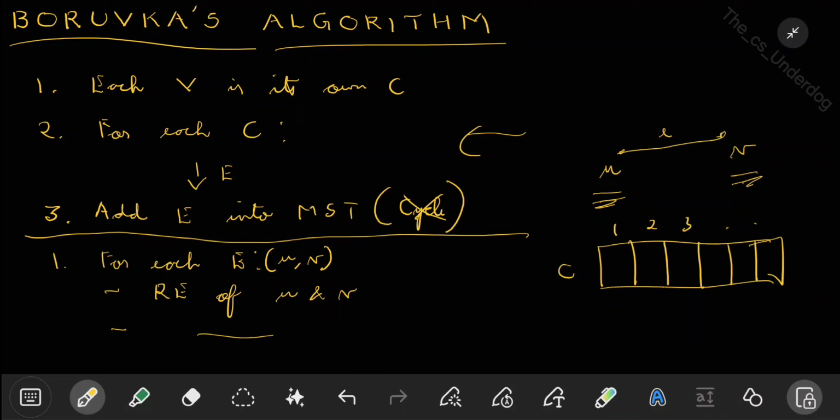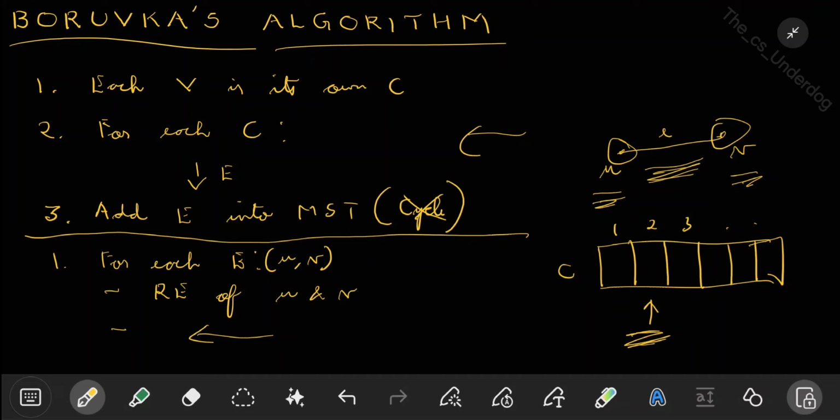Then in this stage, when you identify one particular edge, you will see the vertices of that edge, that is U and V. Then you will see the entry corresponding to U, and if the entry corresponding to U is larger than whatever is the edge E, that is, as far as weight is concerned, if the weight of the entry corresponding to U is larger than that of edge E, what will you do?